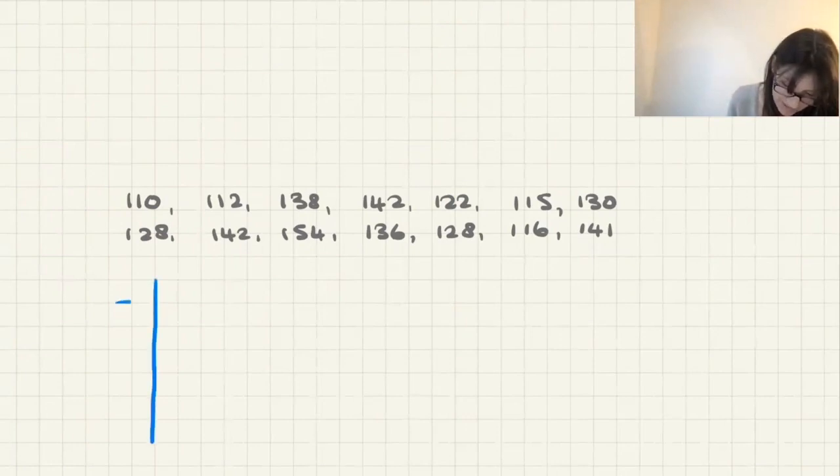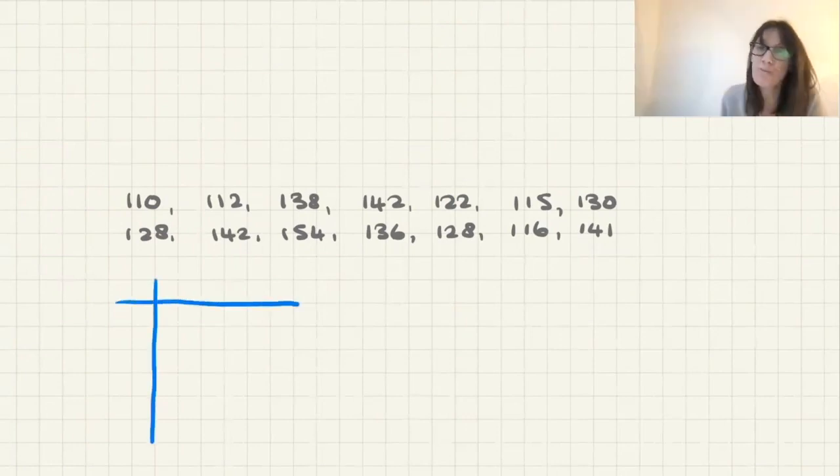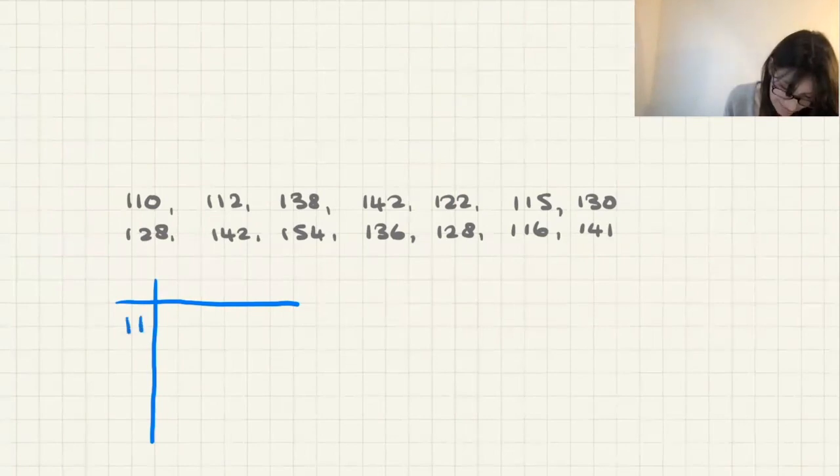Okay, so with this question, it just means we've got more in our stem. To do 110, I'm going to do 11 and 0. Okay, so that's 11 and 0, which means that will be 12, 13, 14, and I can see 154.